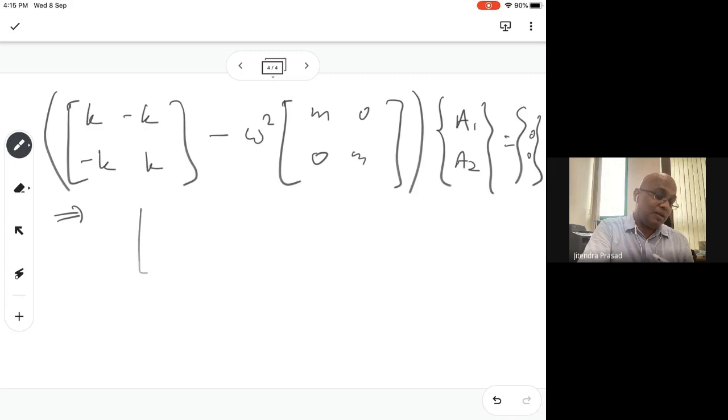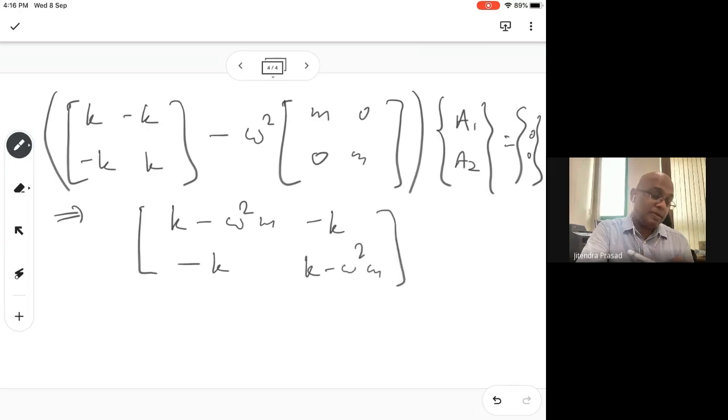So finally you get k minus omega square m, minus k, minus k, k minus omega square m, a1 a2 is equal to 0, 0.